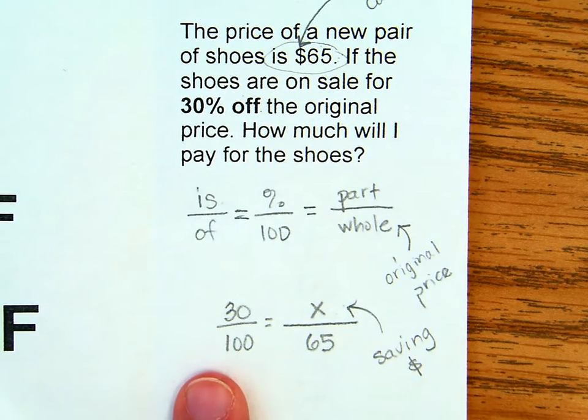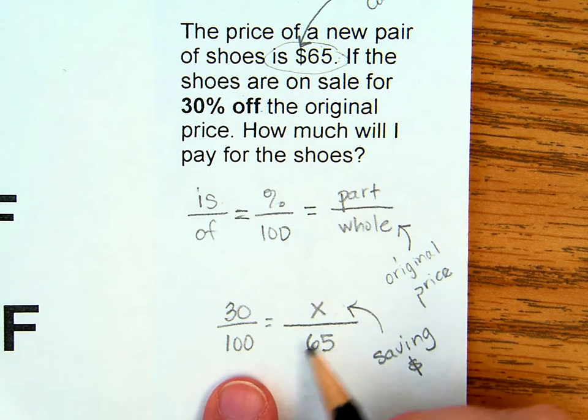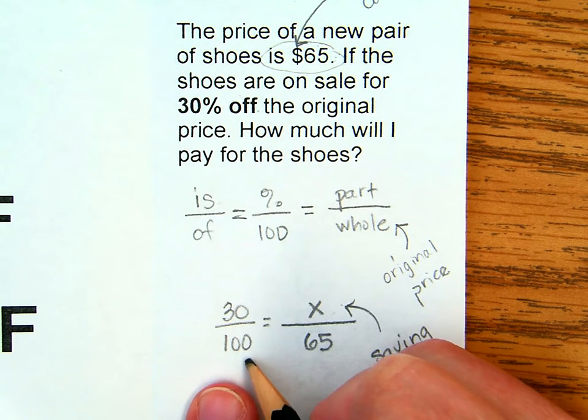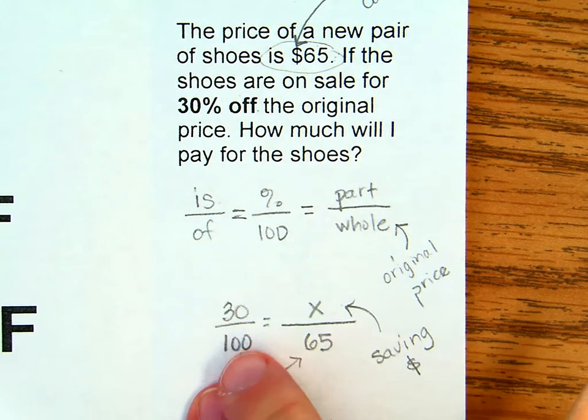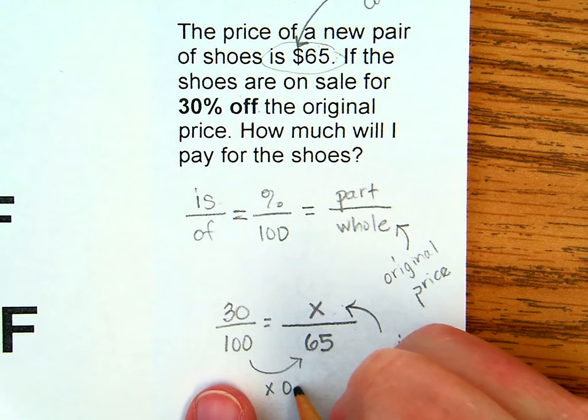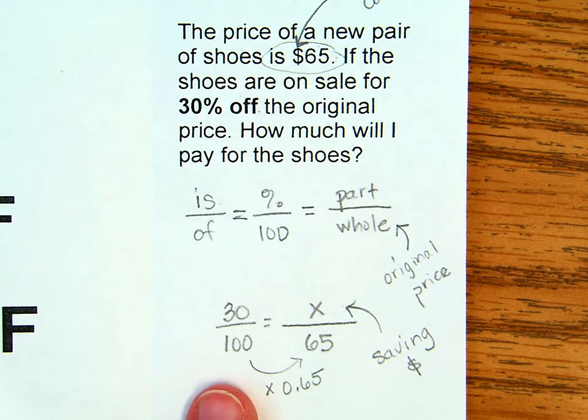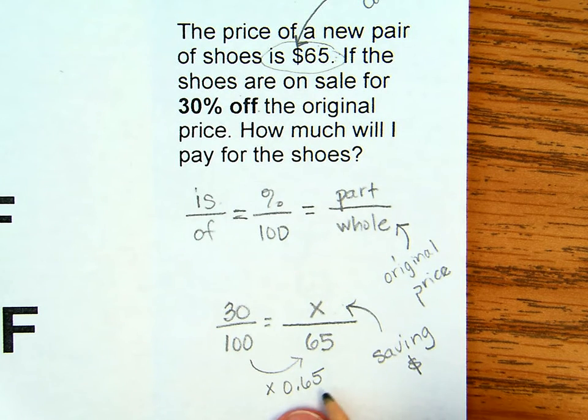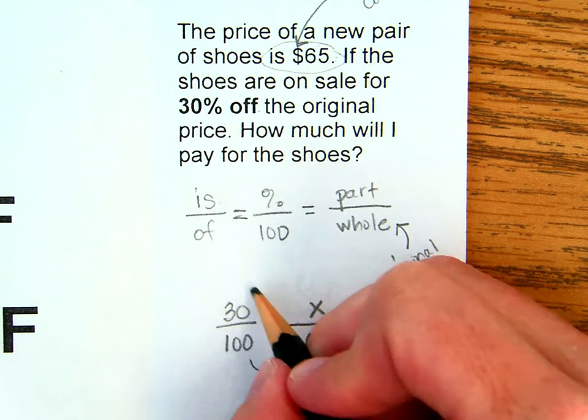So we can solve these in a variety of ways. When you're doing these on your own, solve it in your favorite method, but I'm going to show a couple different ways here. So going from 100 to 65, I know that I can get there by multiplying by 65 hundredths, but you can use a calculator to figure out what that amount is that you need to multiply by if you don't know that.